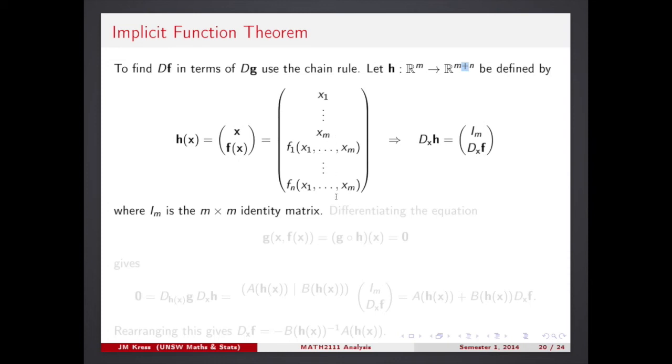For the other ones, we take the values of my solution f. The derivative of this function, the Jacobian, has such a structure. The first m rows give you the identity matrix. The other n rows give you the derivative of f you're looking for.